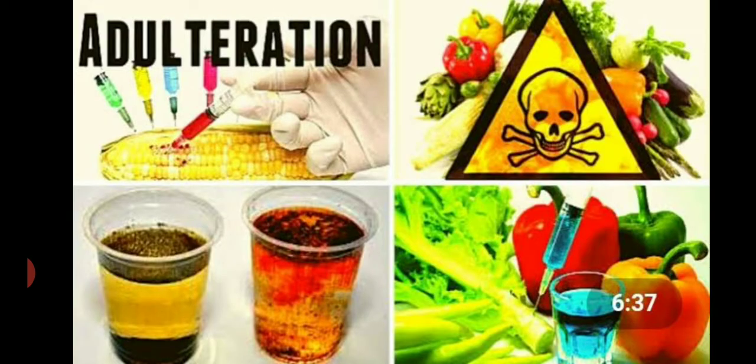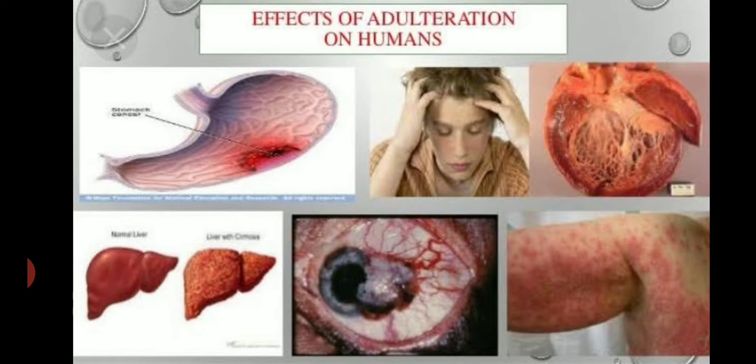Some adulterants cause abdominal discomfort or poisoning, while some may affect the functioning of some organs. You can see here, because of adulteration, what happens? If it is consumed over a long period of time, it can cause cancer also.